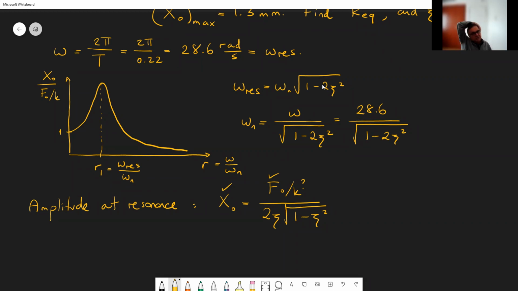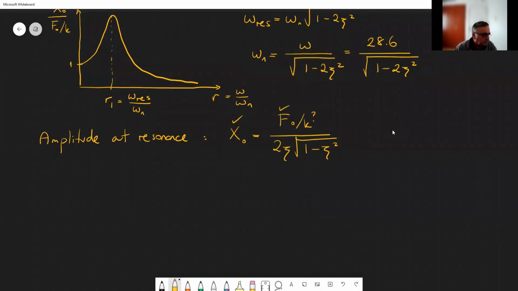But we can do something. We can kind of eliminate, as you will see, the k from our equations. How? Well, we are given one more thing.